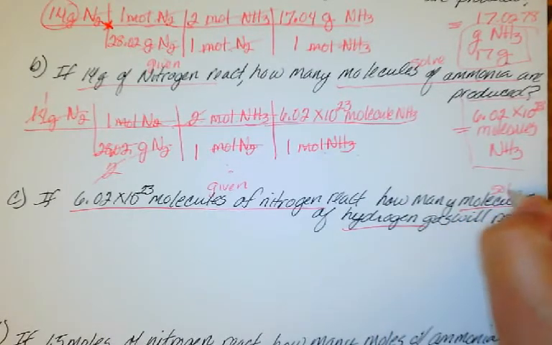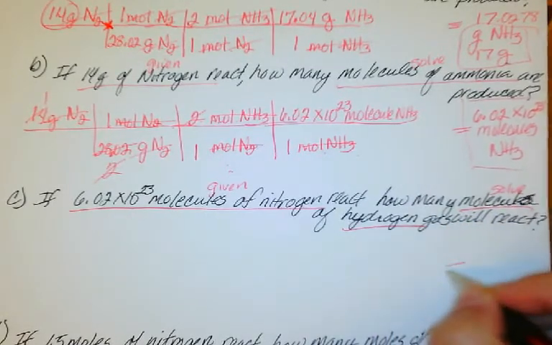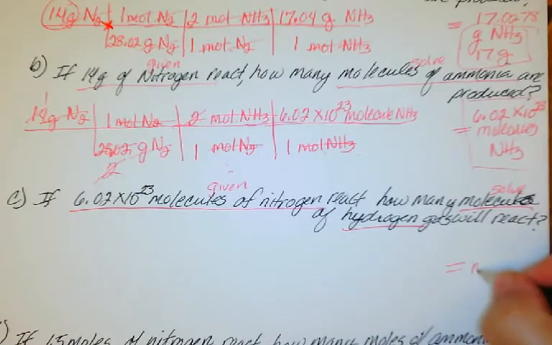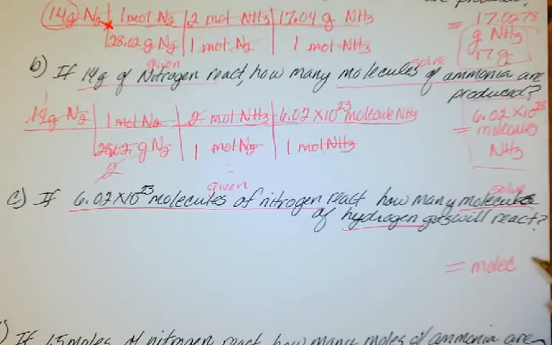That's what I'm trying to solve for. Okay, so I'm trying to solve for molecules, and I'm going to start to abbreviate molecules, M-O-L-E-C, because moles is abbreviated M-O-L. All right, so this is going to get abbreviated M-O-L-E-C. So molecules of what? Hydrogen gas.